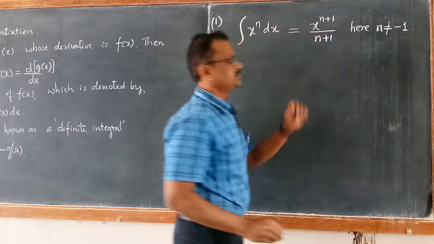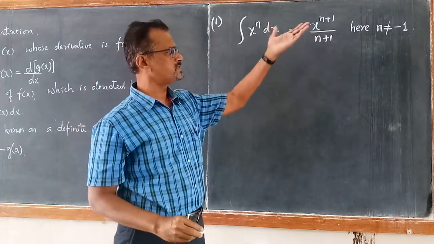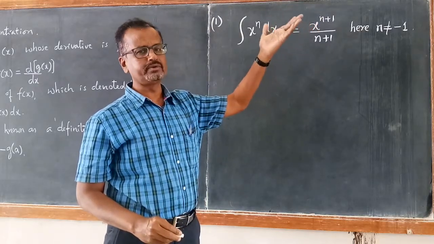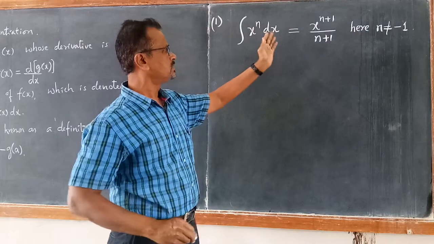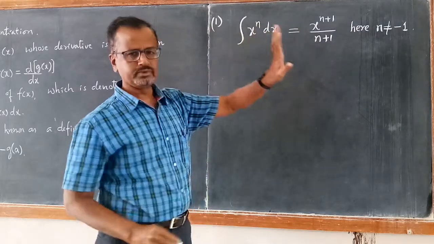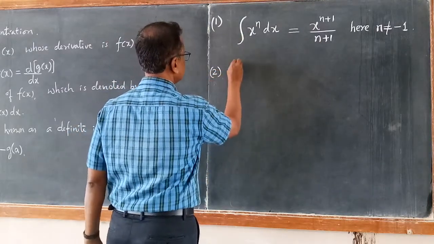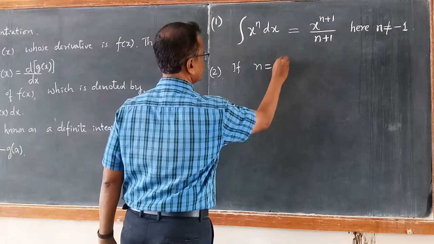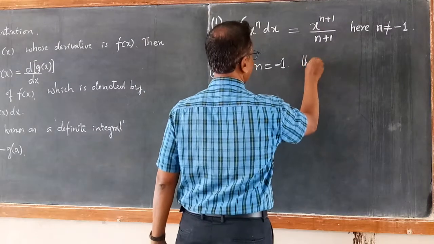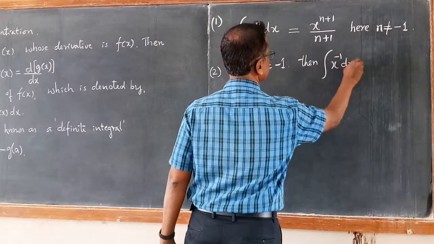For all other values, we can use this: n equal to minus 2 and all other negative numbers, n greater than 1 also, and n equal to 0 also. But if it is n equal to minus 1, then we cannot use this. If n is equal to minus 1, that is the second one, then the same equation becomes integration of x raised to minus 1 dx.